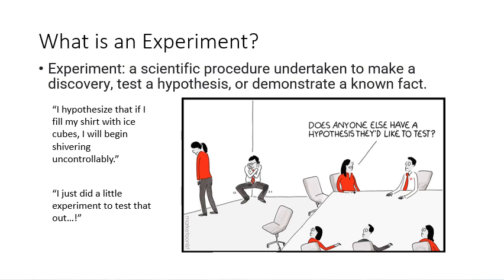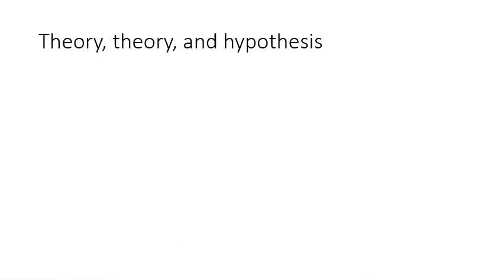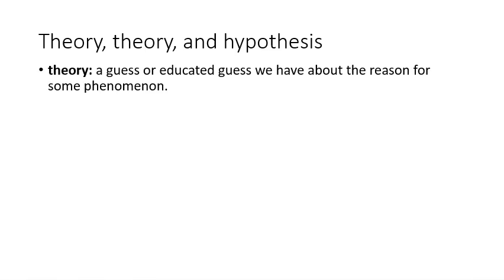So let's lay out some of these terms in our next slide to see what we might mean in terms of scientific methods. So we have theory with a capital T, theory with a lowercase t, and hypothesis. So this lowercase theory, that's just like a guess or an educated guess we have about the reason for some phenomenon. We use this word loosely.